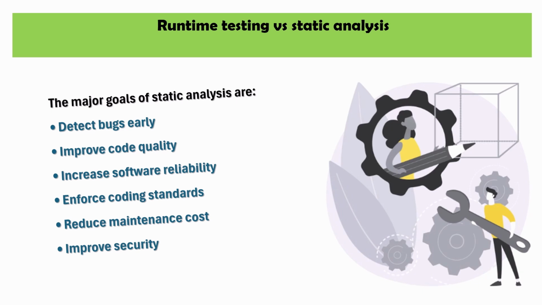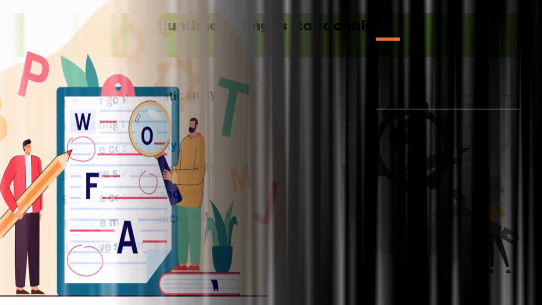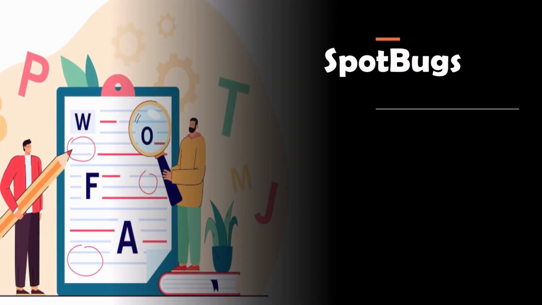Modern development teams heavily rely on automated static analysis tools because finding the defects earlier is significantly cheaper than fixing the bugs after deployment. SpotBugs is an open source static analysis tool for Java. It is the modern successor of FindBugs. Originally, the project was called FindBugs, but after FindBugs became inactive, the community continued development under the new name, that is SpotBugs.